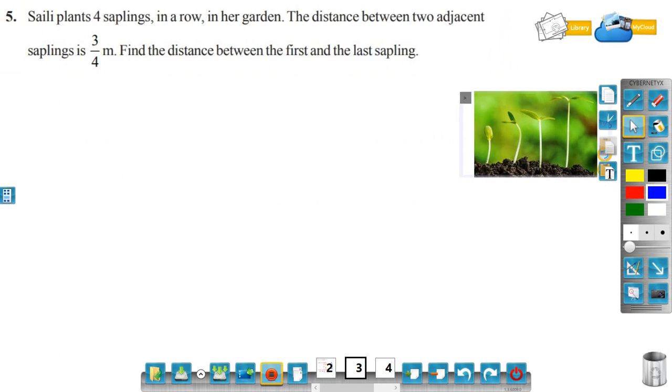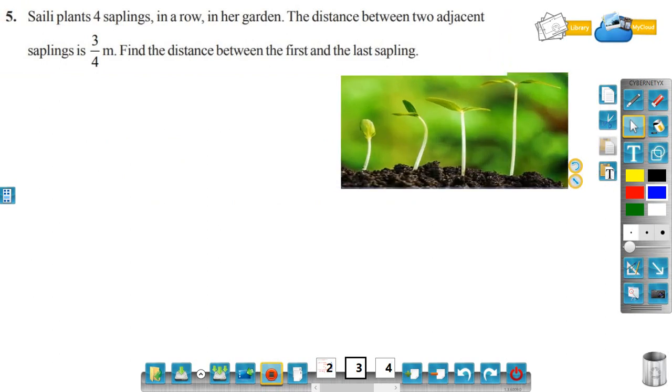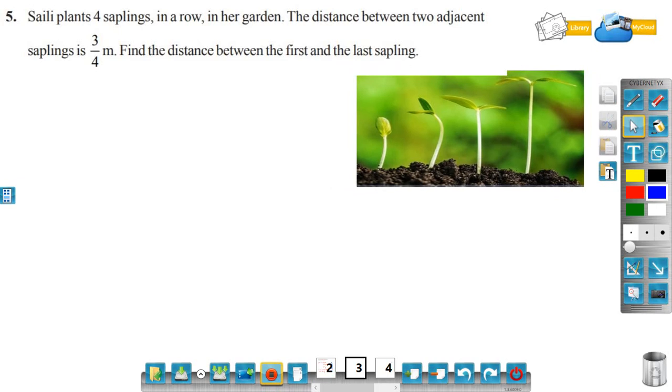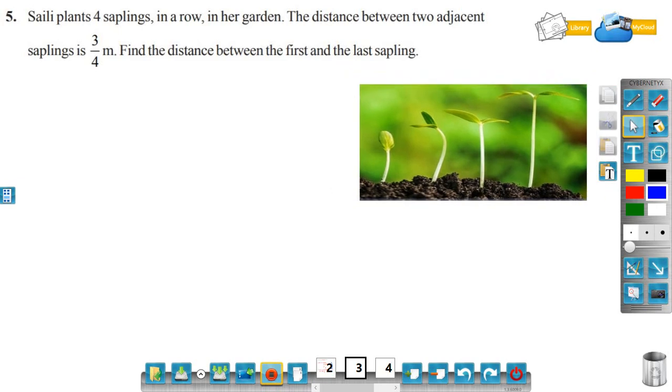What do you mean by sapling? This is a sapling, a small plant. Now Sally plants 4 saplings. Here there are 4 saplings.